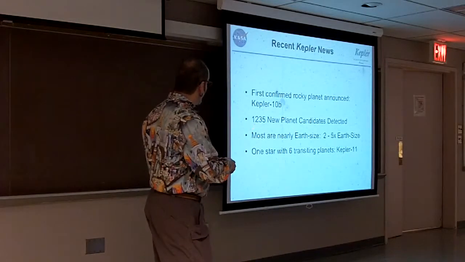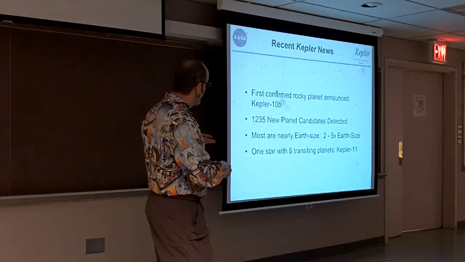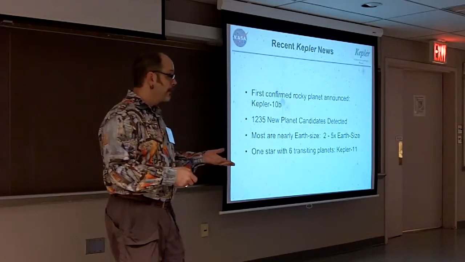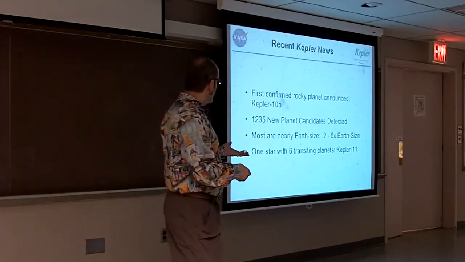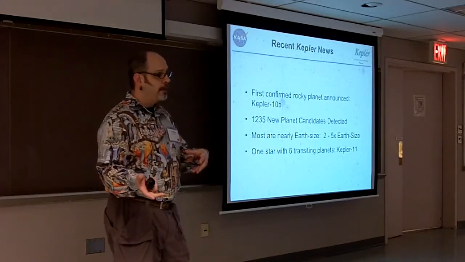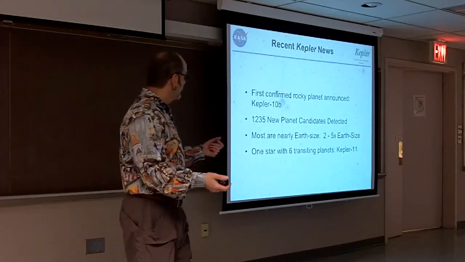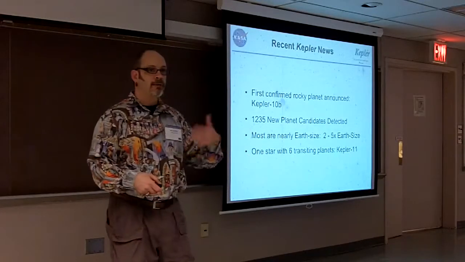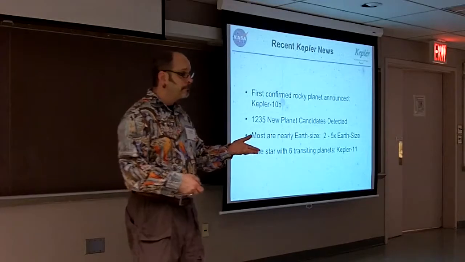Anyway, back at the beginning of this month, we announced that we've identified over 1,200 new planetary candidates in our data. And most are closer to Earth in size rather than close to the giant planets that have been previously discovered. So most are smaller than Neptune's. And indeed, 68 are less than 1.25 Earth radii.